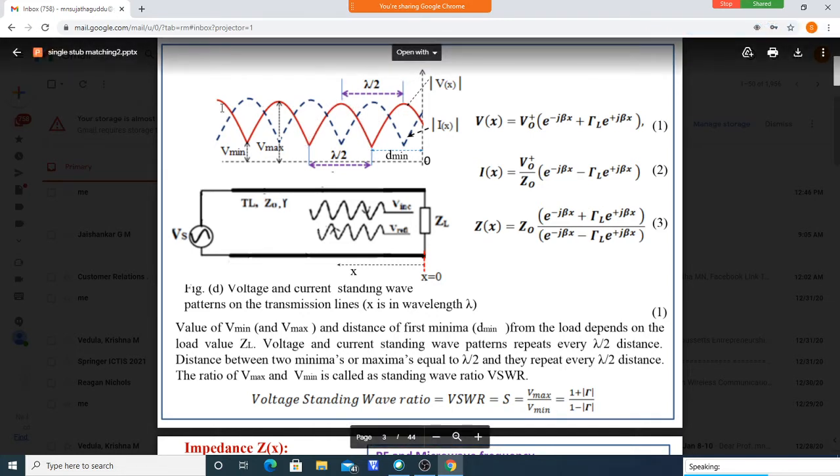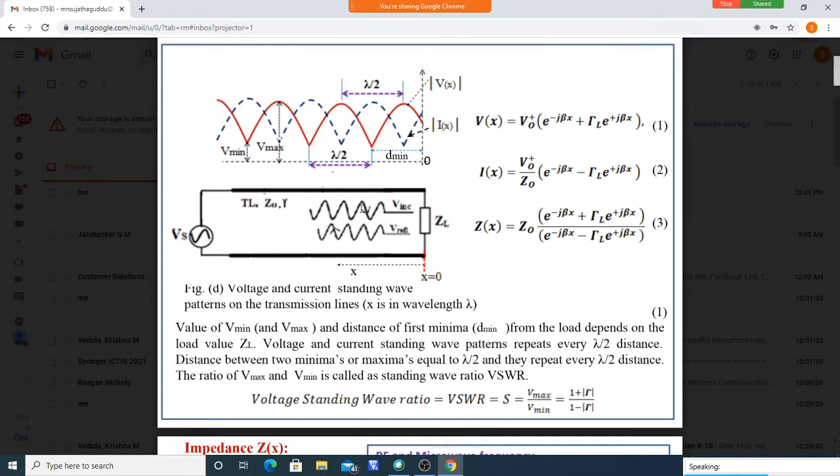This is the voltage variation over a transmission line. It doesn't remain the same. It reaches a maximum, comes to a minimum, again reaches a maximum, and that pattern repeats. That is called a standing wave.